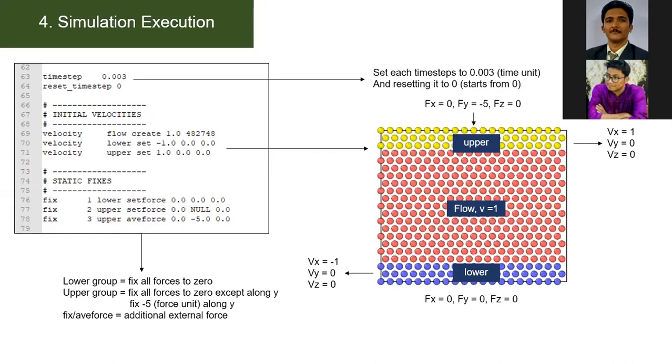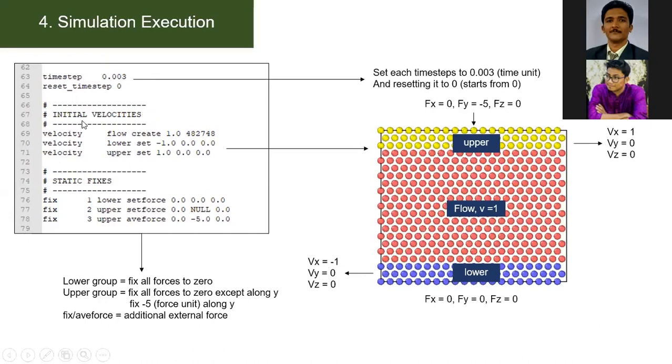Suppose you ran a CG minimization for 10 to 15 steps, then the whole simulation will start from those 15 steps and forward. But for the sake of calculations, it's very tough to know when the minimization ends. That is why we usually reset the time step to 0, so that we know when the main calculation started, rather than the minimization.